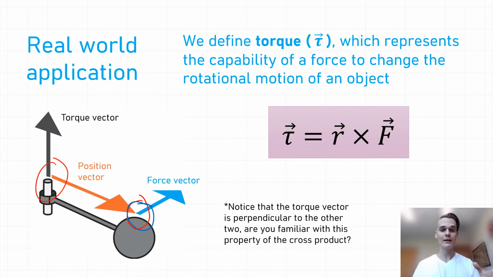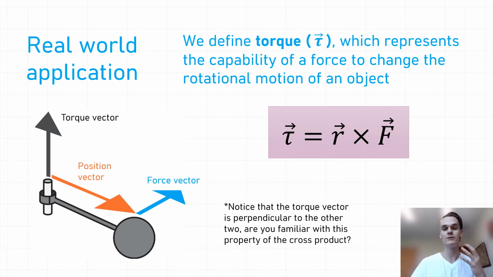So let's revisit this question of how are torque and force different? If the torque vector is equal to the cross product between the position vector and the force vector, are there certain applied forces that will not cause rotation, that will cause a zero torque?